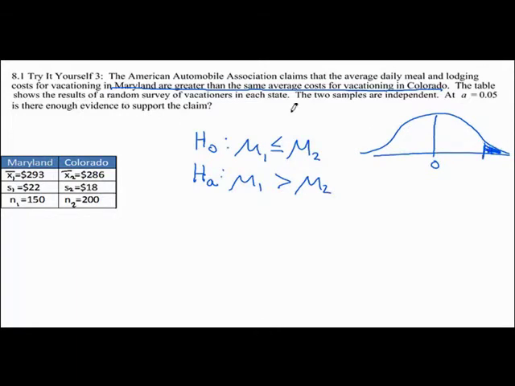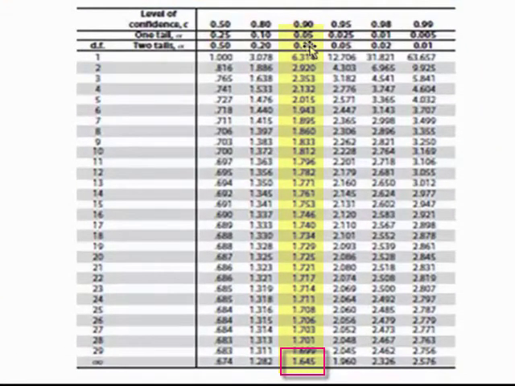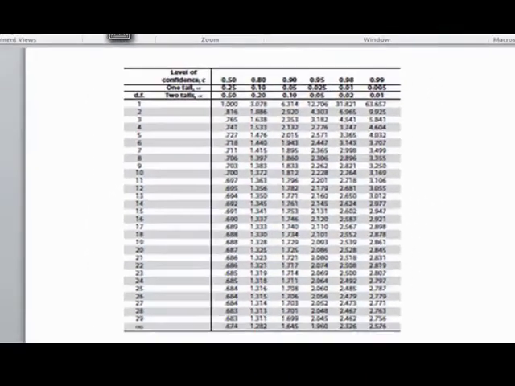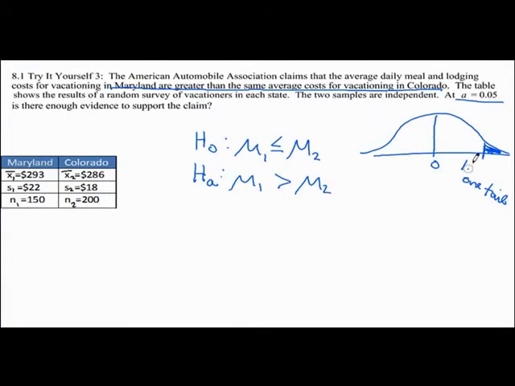Our alpha is 0.05, and we've got a one-tail test. So let's take a look at that table. Alpha 0.05, one tail gives us 1.645 as our critical value. Positive because it's on the right. Now let's take a look at the formula that we would use.